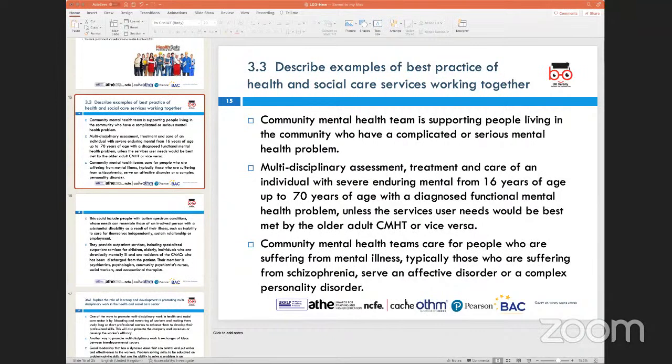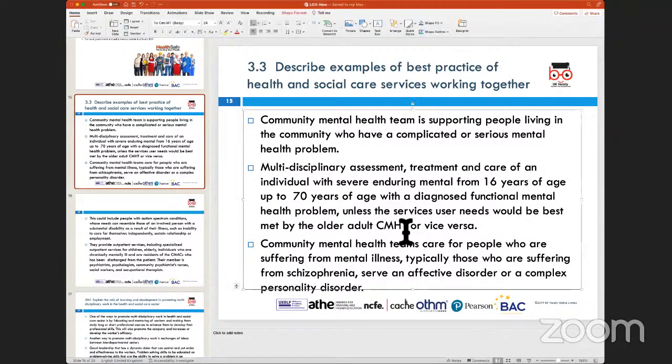Now, we could also look at integrated mental health services. Here I am looking at this particular term and replacing it with something else because sometimes when we look at working within the health and social care sector, a lot of you could be working within mental health care services.